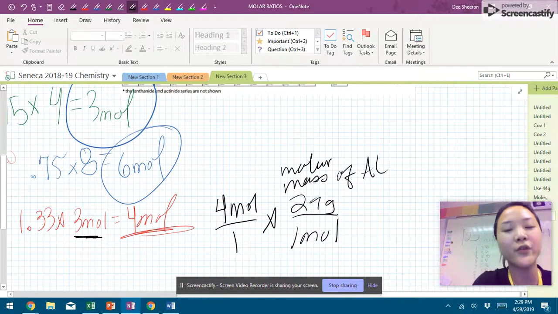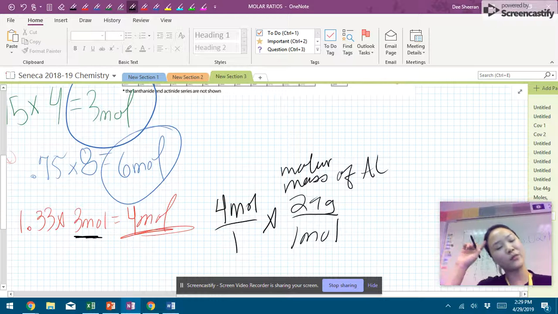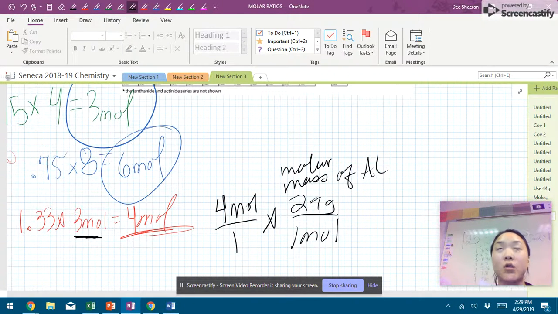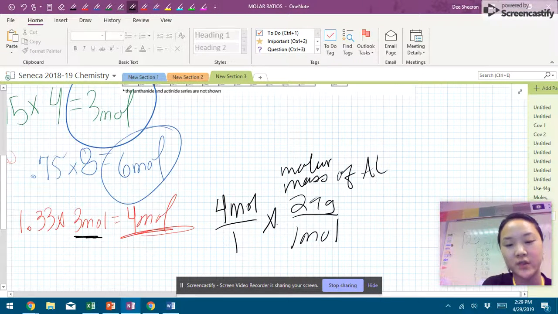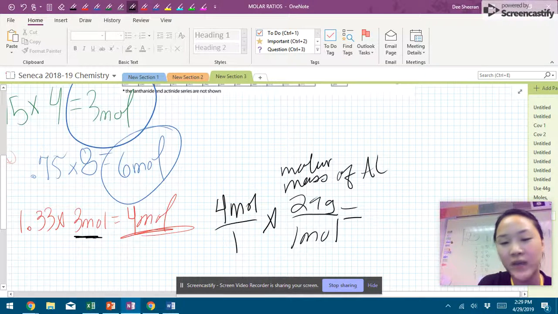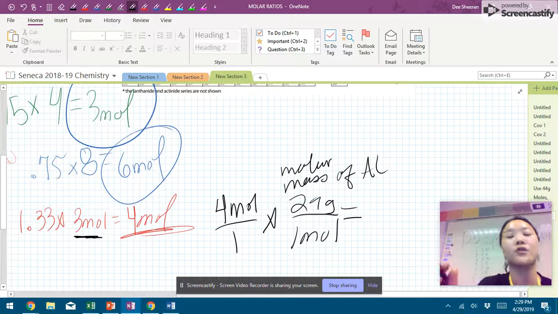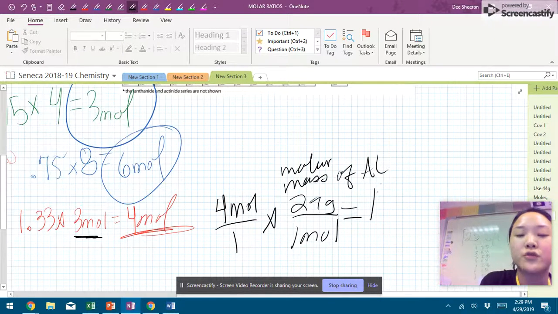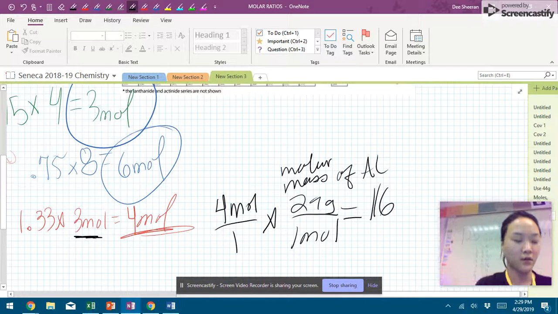So whenever you're doing this kind of multiplication at the end of your problem, or you're going from, in other words, moles to grams, you're going to have both of the larger numbers on top and 1 on the bottom. So 4, you're going to multiply straight across. 4 times 29 should give you 116, I believe. So let's double check that.